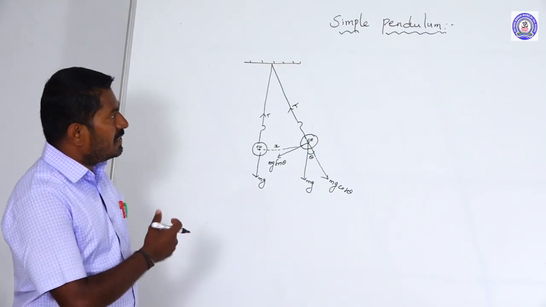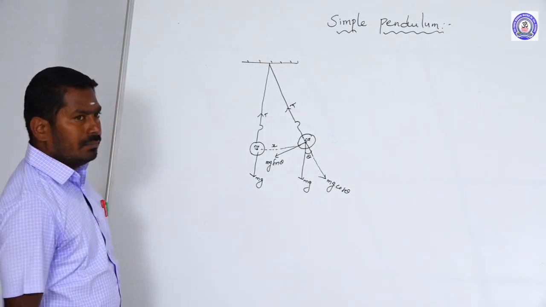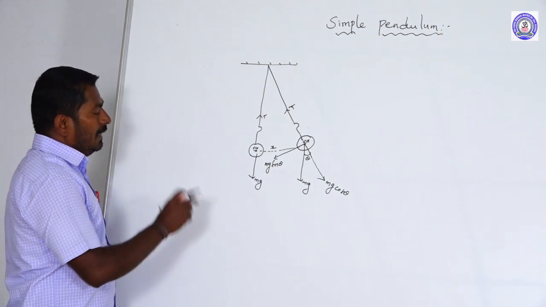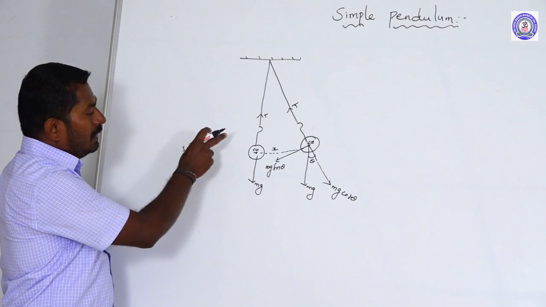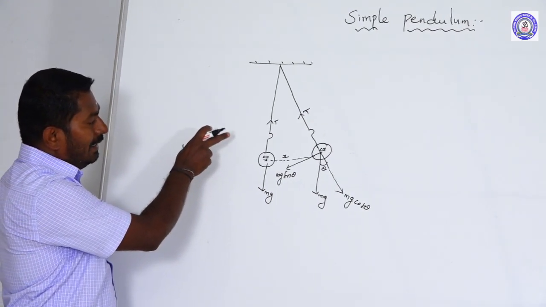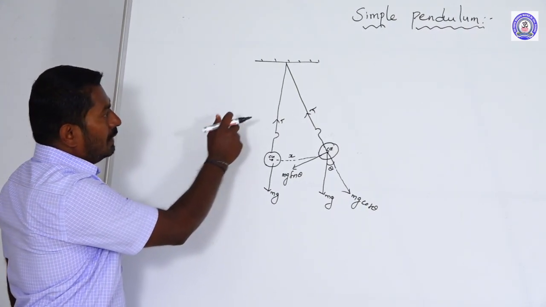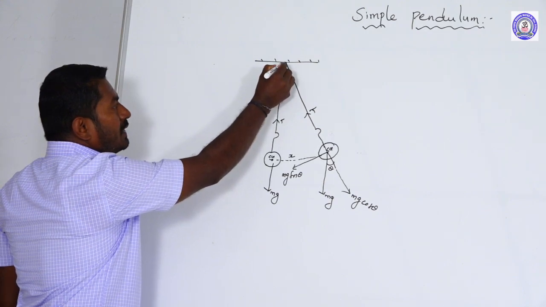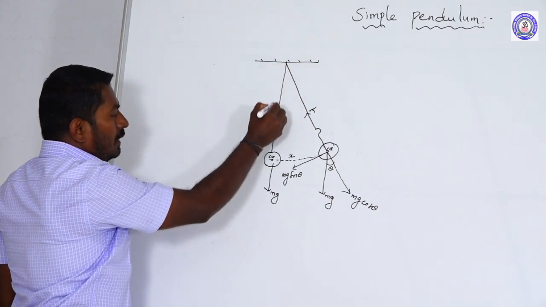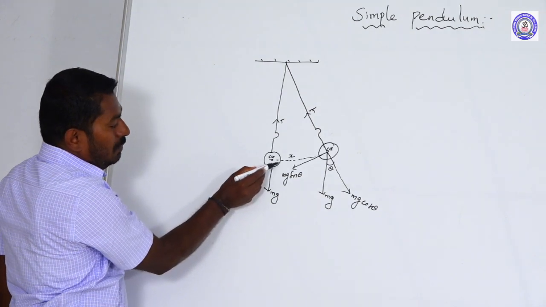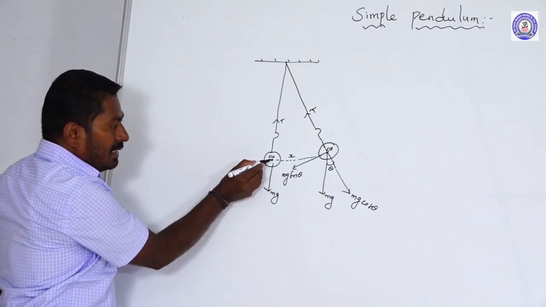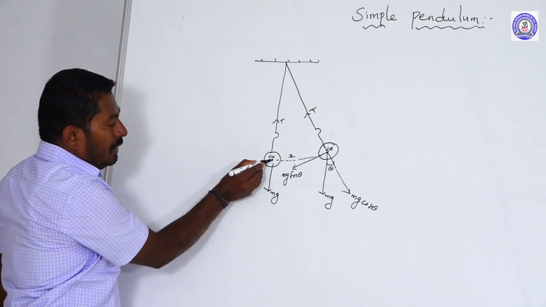So the next topic in simple harmonic motion: simple pendulum. In a simple pendulum, let us consider one thread or string. That string is massless and inextensible. One end is fixed to a rigid support and the lower end of the string or thread is tied to a metallic bar. See the center of gravity of the metallic bar.